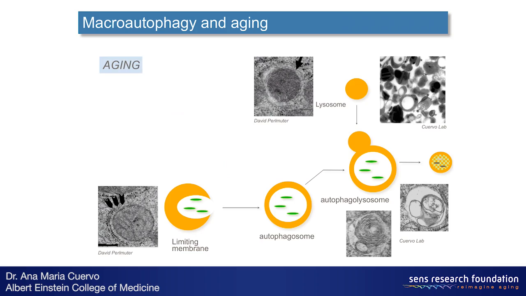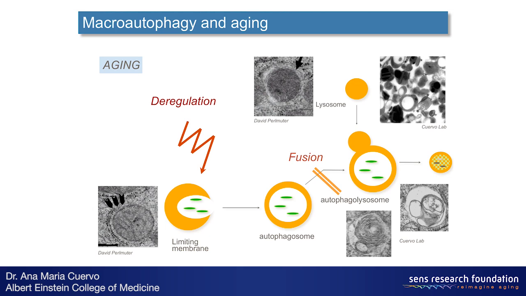If you remember the different steps that I highlighted in the autophagy process, studies from different labs have shown that in different tissues as they age, there is an inability to upregulate autophagy in response to nutritional conditions or in response to different stimuli. This results in a poor formation of autophagic vesicles.